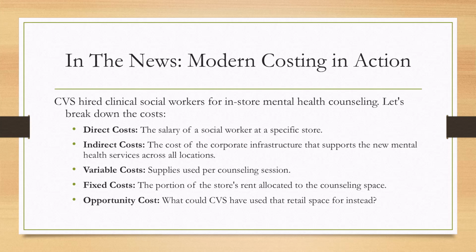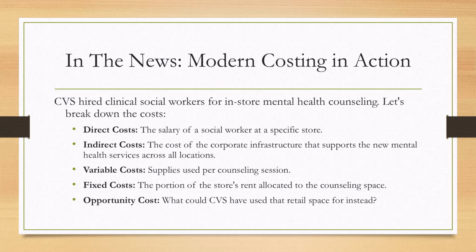A direct cost to a specific store's counseling service would be the salary of the social worker at that particular location. An indirect cost would be the cost of the corporate administrative staff that oversees the entire mental health program across all locations. A variable cost would be the cost of supplies, like workbooks, used for each counseling session.